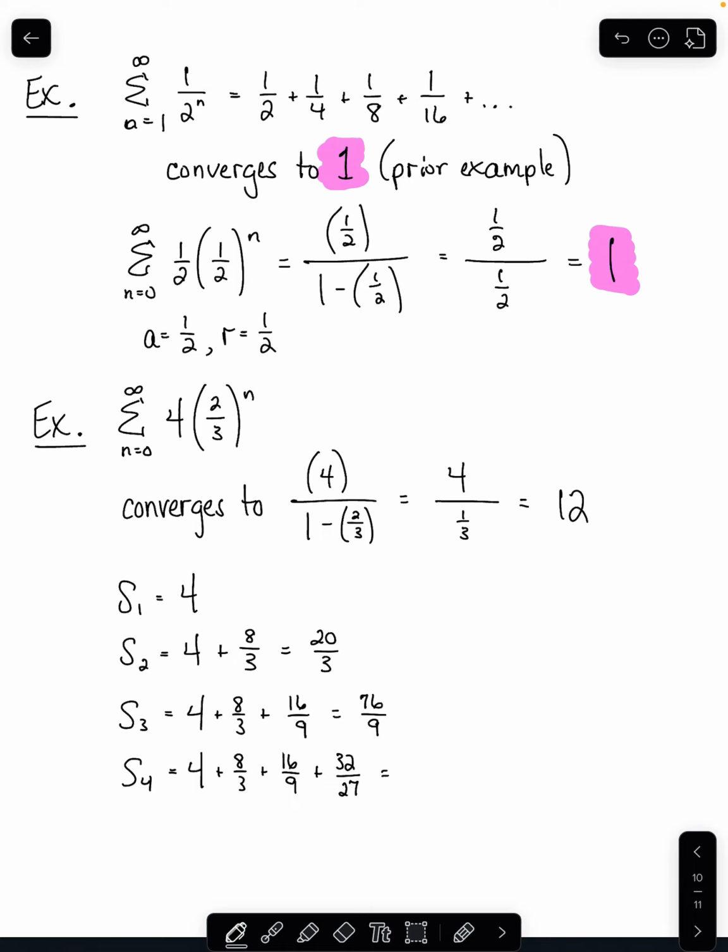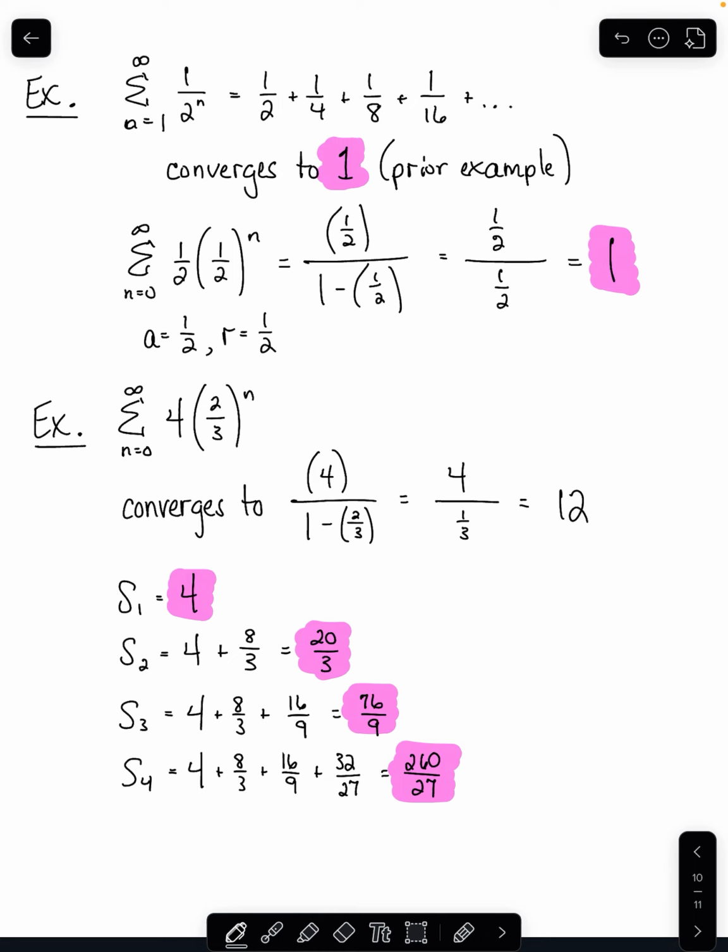To get a common denominator, we would have to multiply 76 and 9 each by 3 to get a denominator of 27. And that would give us 228/27 plus 32/27 is 260/27. So these are the first four partial sums, and admittedly, they are not obvious.